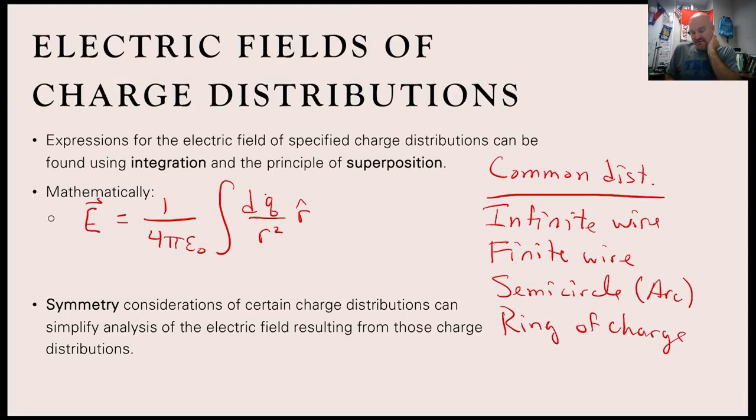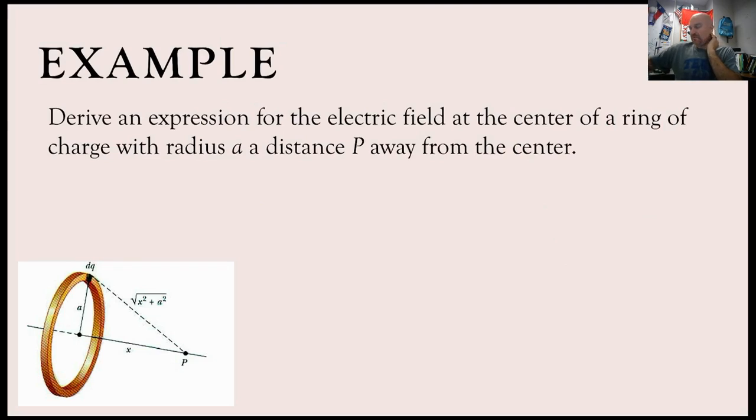So let's look at an example problem. Here in the example, we're going to do the ring of charge. It says derive an expression for the electric field at a point P a distance x away from the center of a ring of charge with radius a. Something to note: x, the square root of x squared plus a squared, which I sometimes call r, and the radius of the circle are all going to be constant.